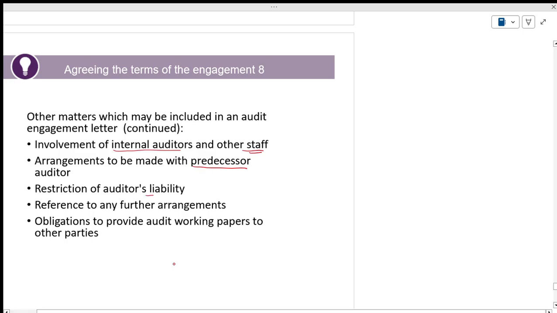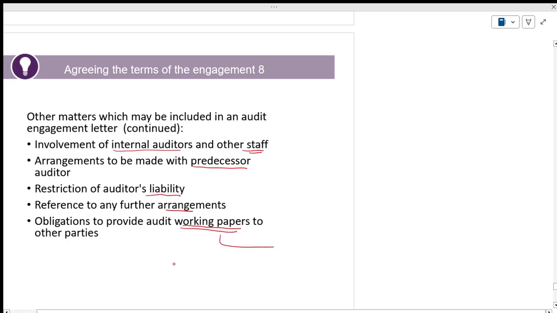Restrictions of auditor's liability, any liability in terms of any activity which will force us to take the financial aspects into consideration. Payments are very important. You should not postpone or delay the payments. Reference of any arrangements we want to do, and obligations to provide working papers.